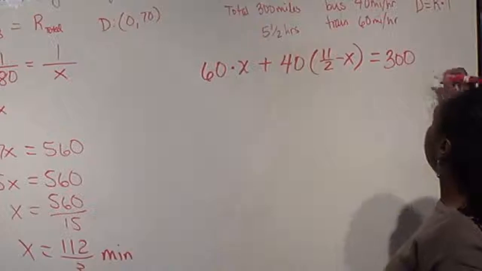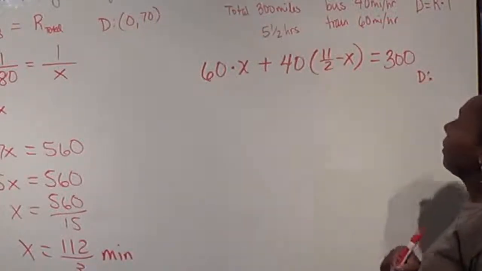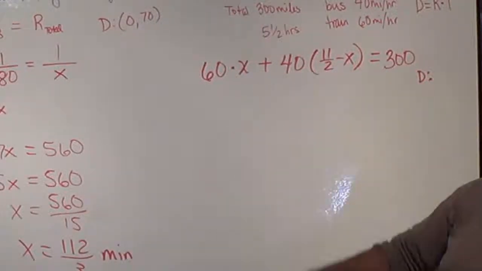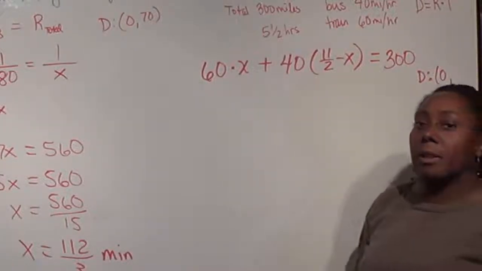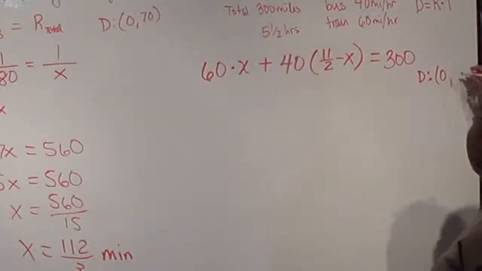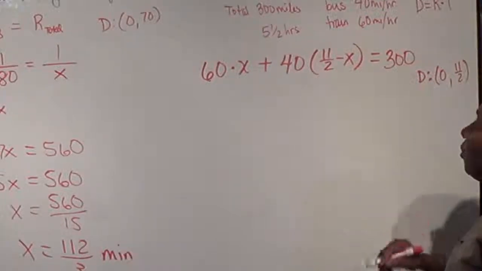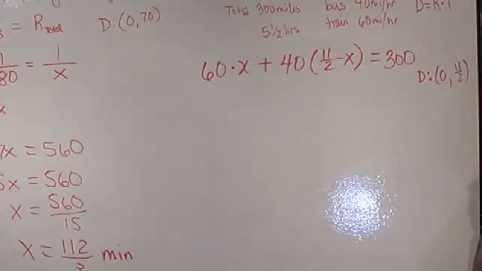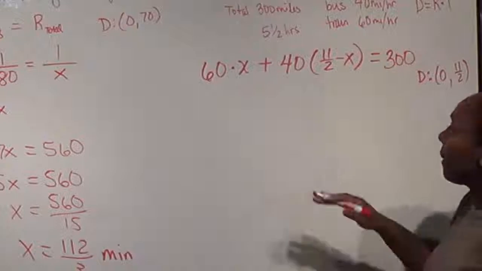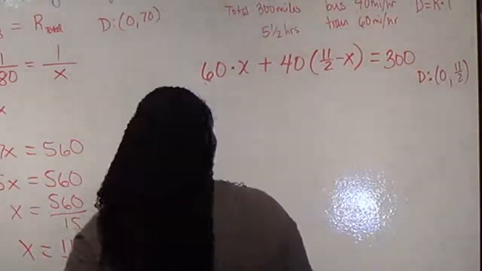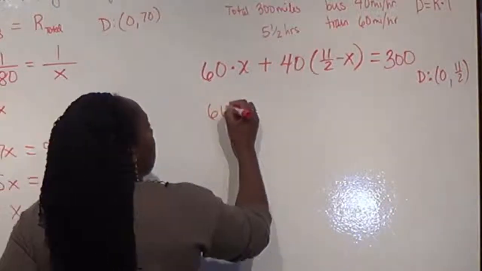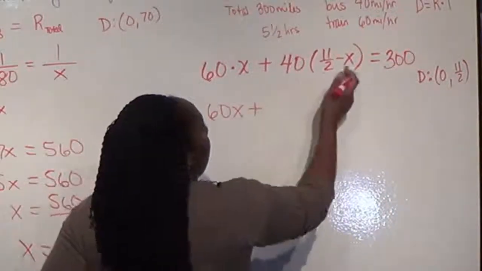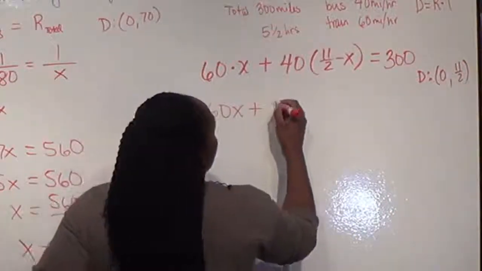Domain for this, if we look, again, it's a time, so we can't have negative value there. We know our total time, so we know it can't be more than the total time. Okay. So again, we'll go ahead and simplify this equation. So just rewriting some of this, 60x, we'll go ahead and distribute here.